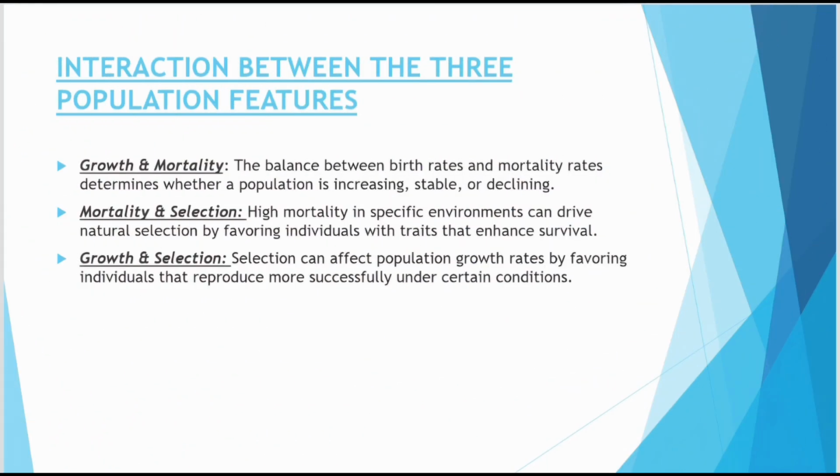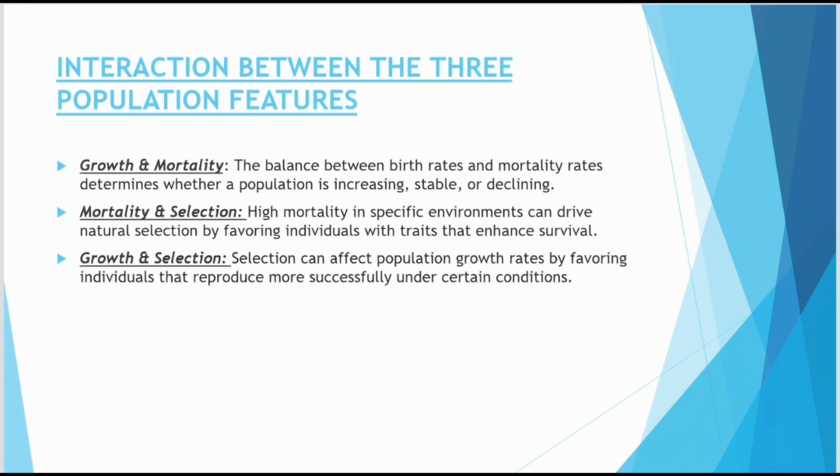Next, we are going to discuss the interaction between the three population features, that is growth, mortality and selection. First, coming to the interaction between growth and mortality, how growth and mortality depend on each other. The balance between birth rates and mortality rates determines whether a population is increasing, stabilizing or declining.